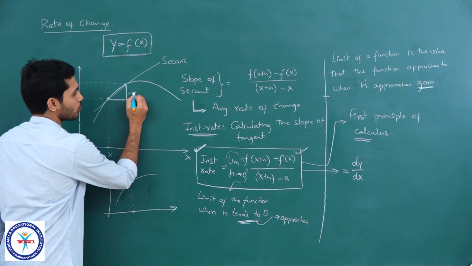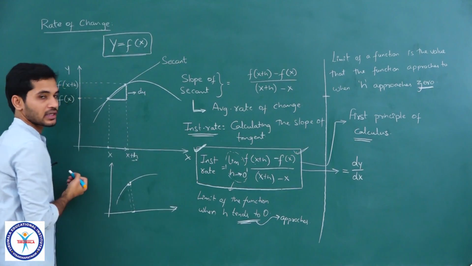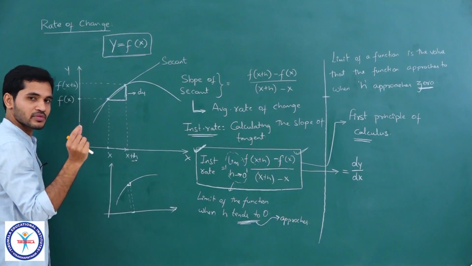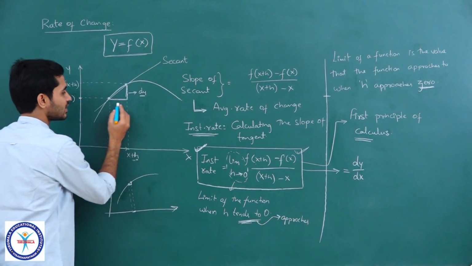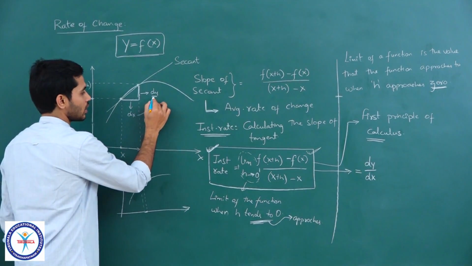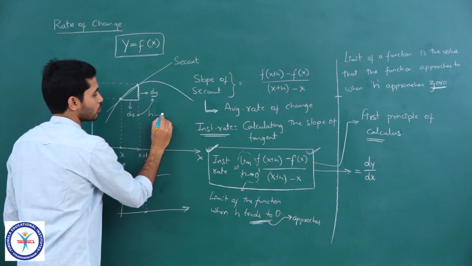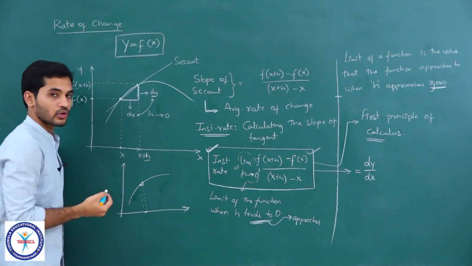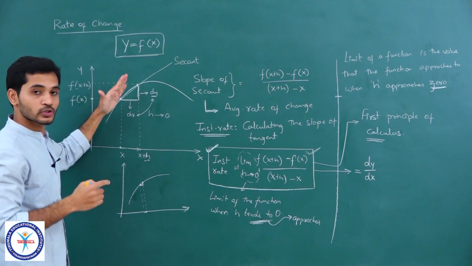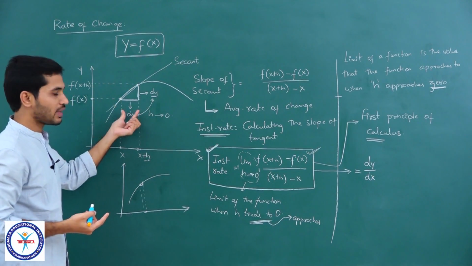So, this approaches dy, clear, as h tends to 0. It becomes very small. This is what we call dy and this is what we call dx. Remember, these two are when h approaches 0. Only when h approaches 0 does this become a tangent, and that tangent's slope will be dy by dx.